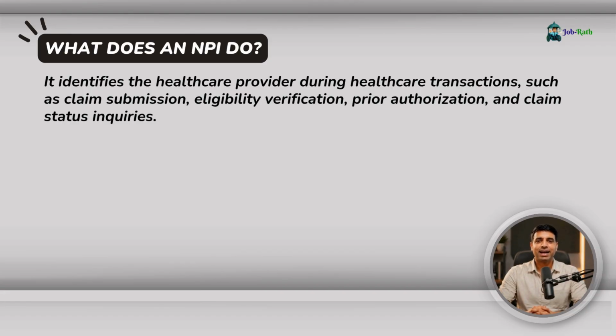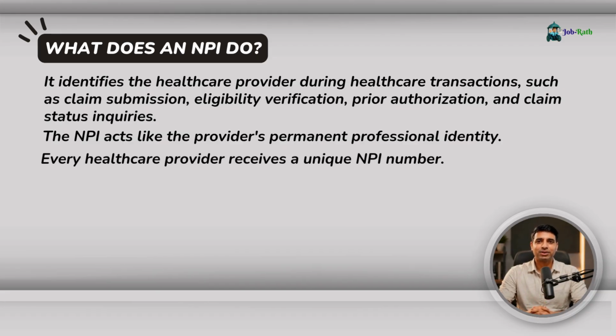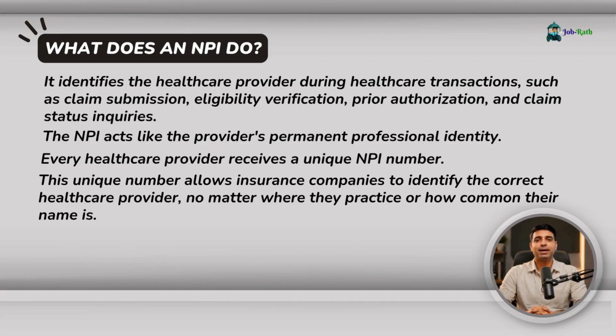The NPI acts like the provider's permanent professional identity, and every healthcare provider receives a unique NPI number. This unique number allows insurance companies to identify the correct healthcare provider no matter where they practice or how common their name is.